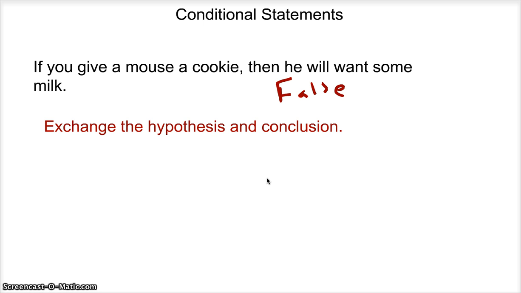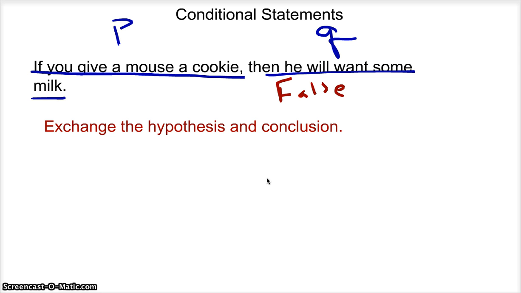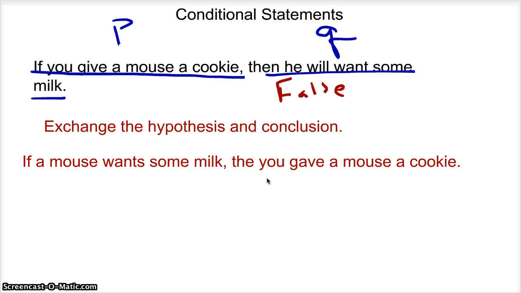So on this first example, the P would be that part, and then this part would be the Q. So if we were to flip that, if a mouse wants some milk, then you gave a mouse a cookie. So it switches places. Okay, so again, the converse was if a mouse wants some milk, then you gave a mouse a cookie. This is also a false statement.